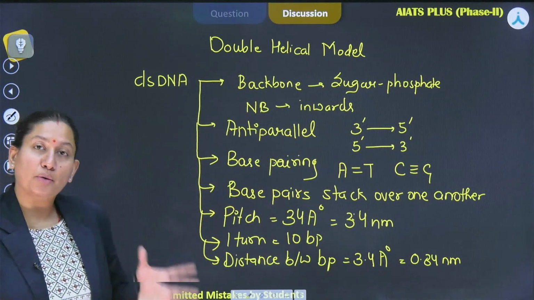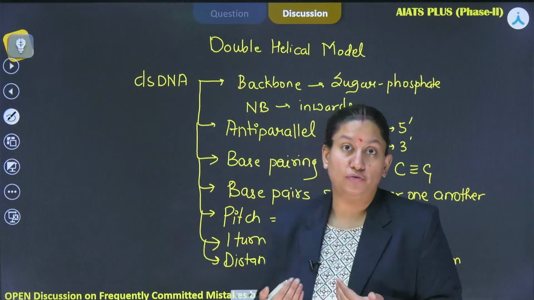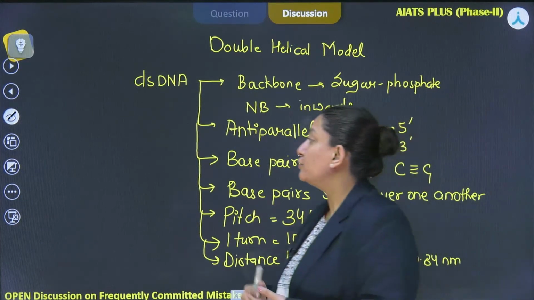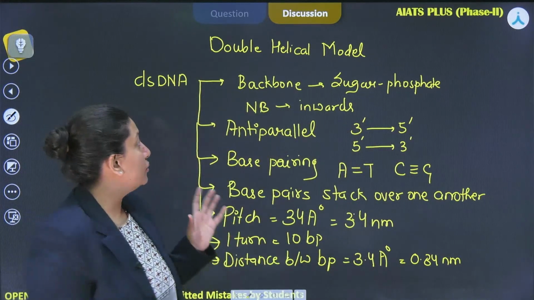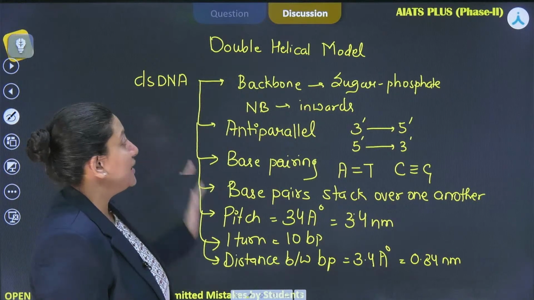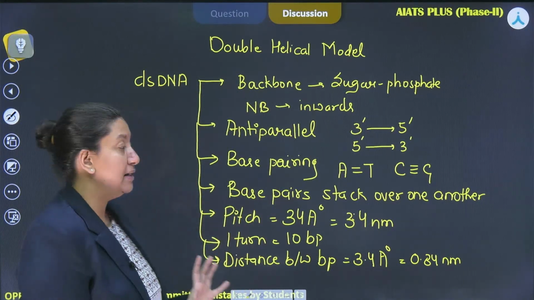Because of this accurate understanding of the structure of DNA, they were also awarded the Nobel Prize, right? So this model is really a hallmark in the scientific field, as it accurately describes how exactly the DNA structure aligns itself.